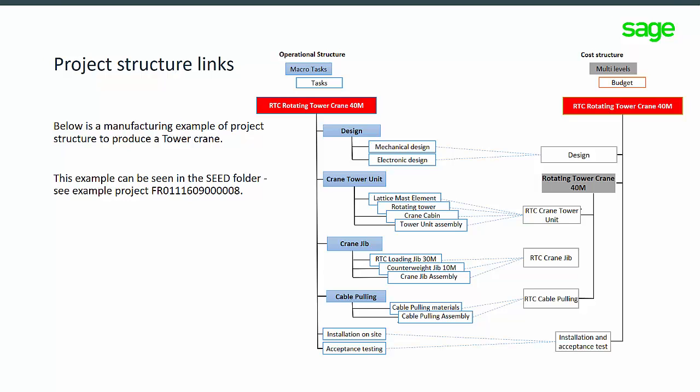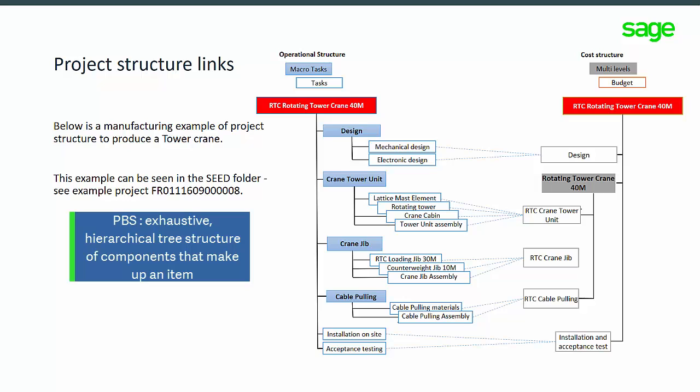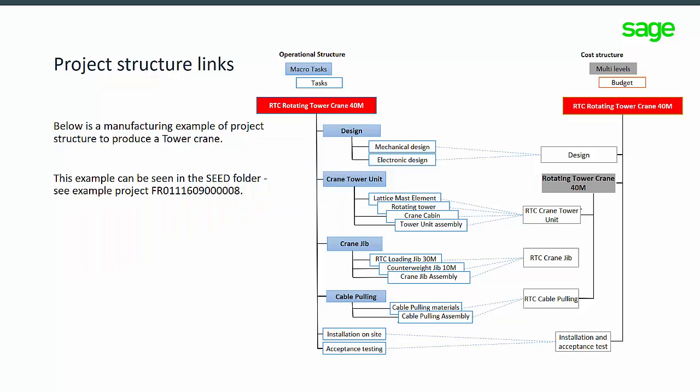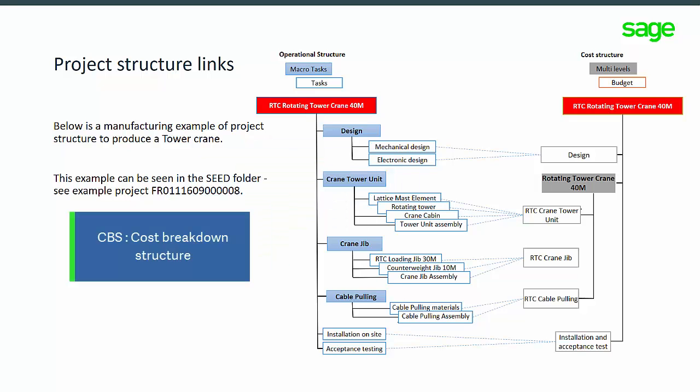The product breakdown structure, or PBS, is an exhaustive hierarchical tree structure of components that make up an item. The cost structure breakdown, or CBS, classifies the costs within the project into cost units, cost centers, cost elements, and cost types.